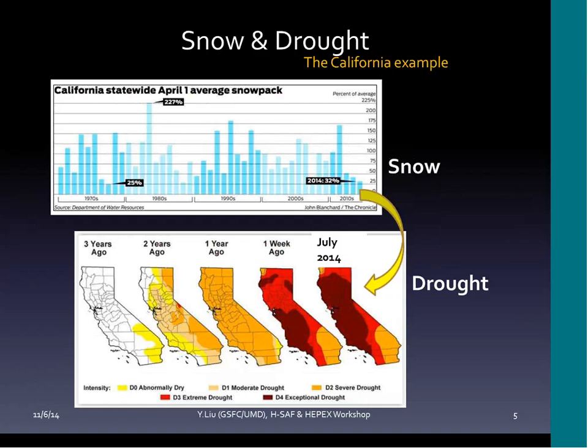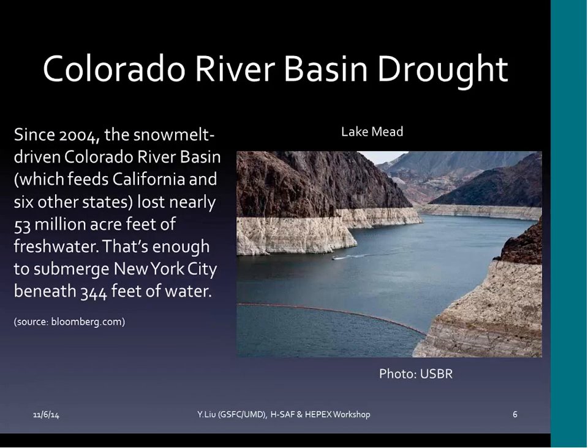It's very low, very much below the average, and it leads to the drought this summer. So a lot of wildfires and such compared to what was happening like 3 years ago. And another example is the Colorado River in terms of drought, this is one of my study areas. You see how the water is declining over the years.